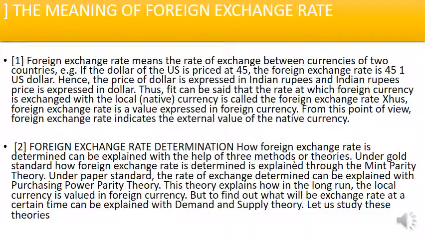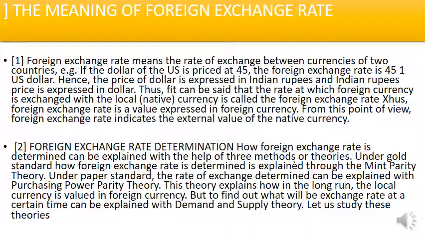Now the second topic is how the foreign exchange rate is determined, which can be explained with the help of three methods. Under the gold standard, how the foreign exchange rate is determined is explained through the mint parity theory, and under the paper standard, the rate of exchange is explained with the purchasing power parity theory. What is the purchasing power parity theory?